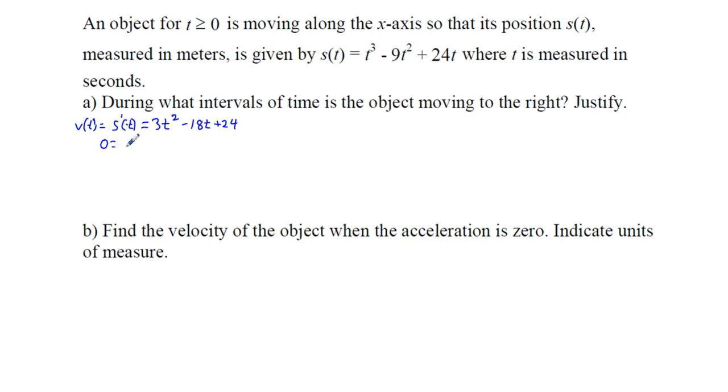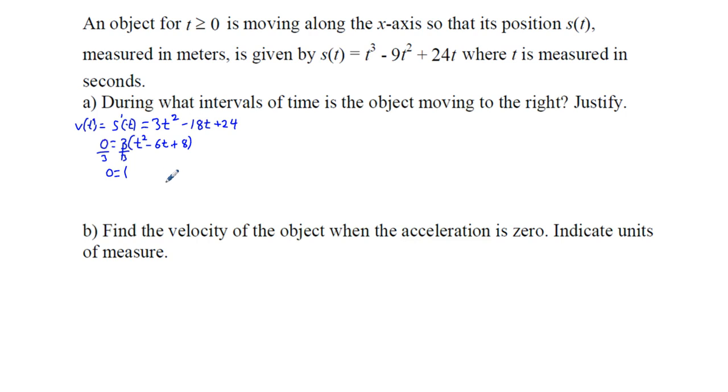v of t equal to 0, and we're going to start to solve by factoring a common factor of 3 out of each of these 3 terms. So we have 3 times quantity t squared minus 6t plus 8. And if we divide by 3, we can see that we have left 0 is equal to t squared minus 6t plus 8.